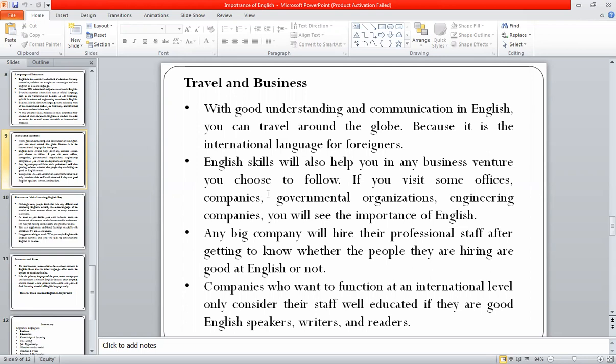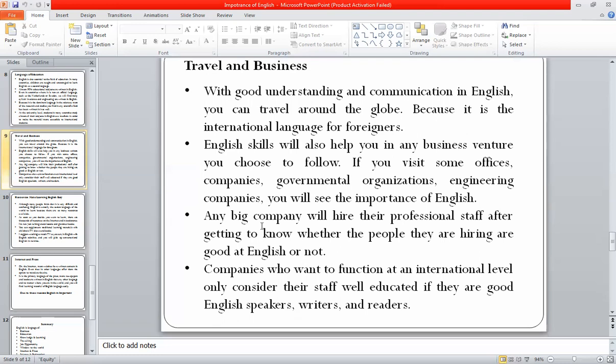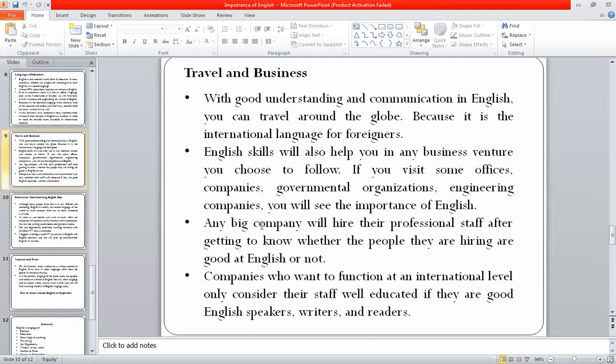So the need for them is, if you are good at speaking English, if you are able to write with this language, and if you are able to read this language, then you will be selected for an international level job also. So that's why this language becomes the important language. So this is about travel and business.